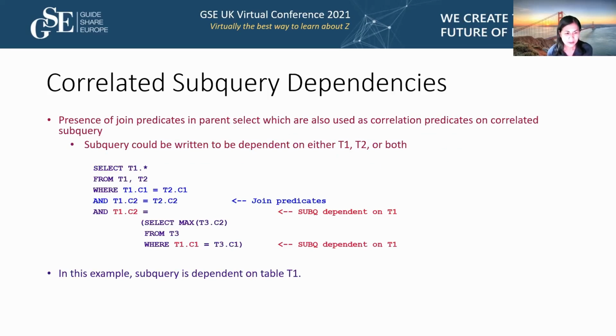In this example, we can see this subquery only depends on table T1. We have a join predicate between T1 and T2, and we have an equal subquery predicate on T1, and inside the subquery, we have another predicate also depending on T1. So the subquery is only dependent on table T1.